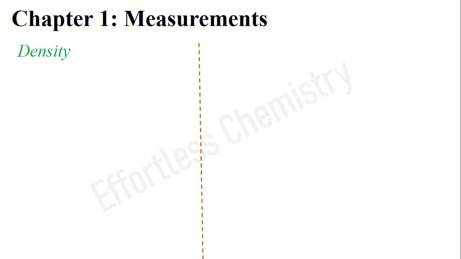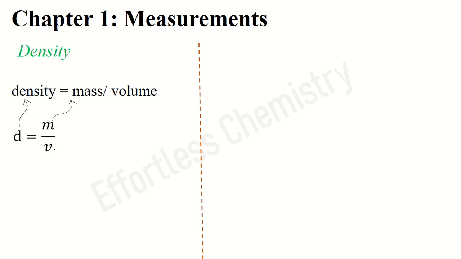Density. The equation for density is D equals M divided by V, where D refers to density, M refers to mass, and V refers to volume, respectively. Because density is an intensive property and doesn't depend on the quantity of mass present, for a given substance, the ratio of mass to volume always remains the same.